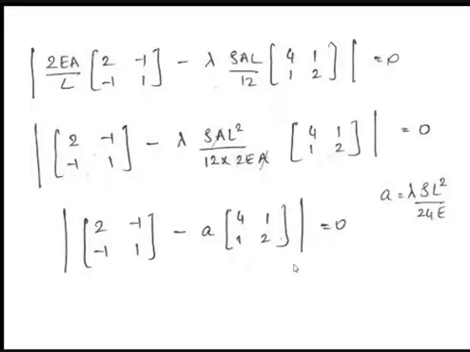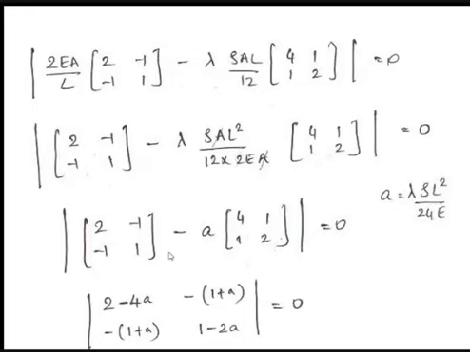So now I have got this matrix. Just multiply this a inside the matrix, that is 4 1 1 2. So what I'll have, can directly write 2 minus 4a, right? 2 minus 4a, minus, I'm taking common 1 plus a because I have a over here.